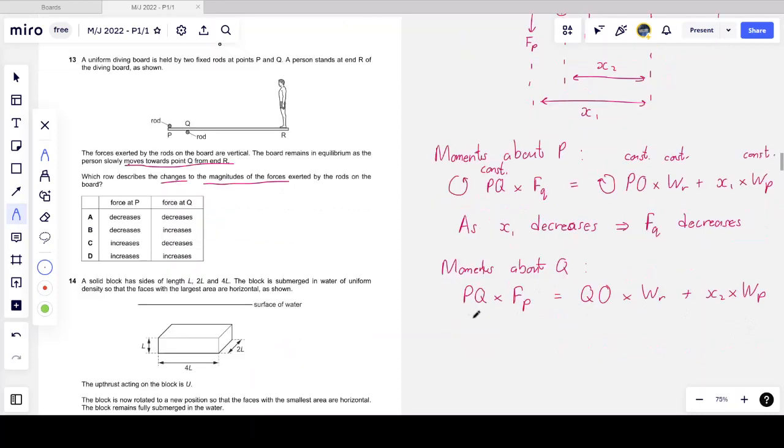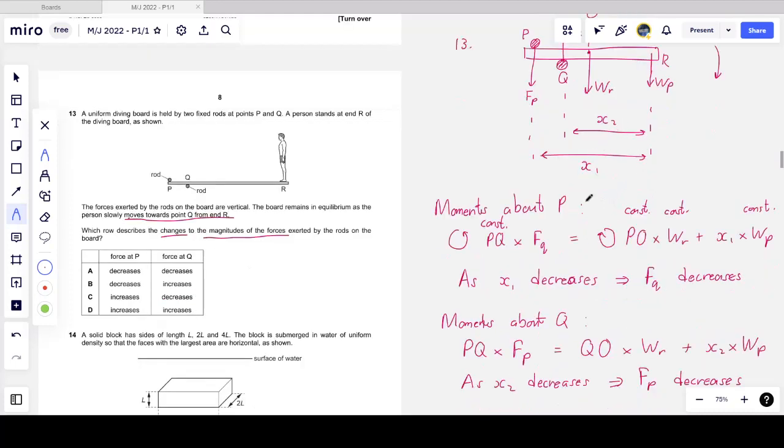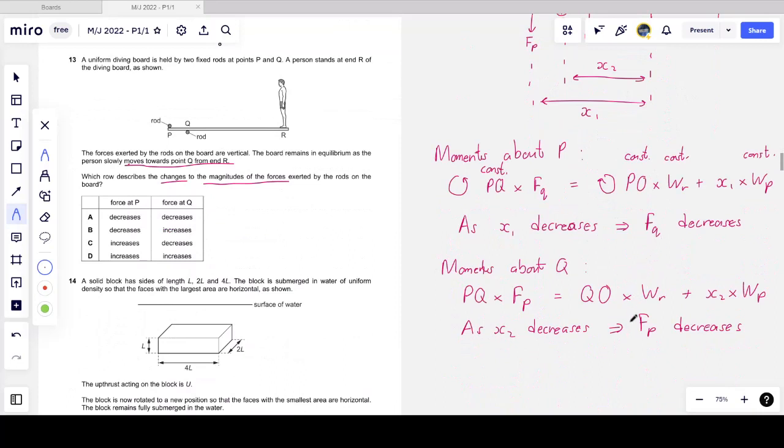Using the same logic, I see that as x2 decreases, then so too does FP. FP decreases as well. So by decreasing the distances x1 and x2, basically as the person walks toward the left, both FQ and FP decrease.